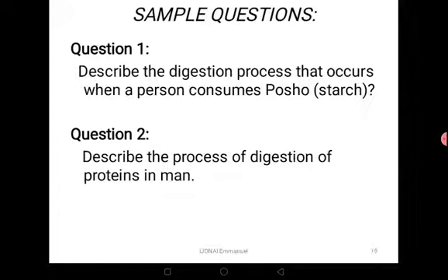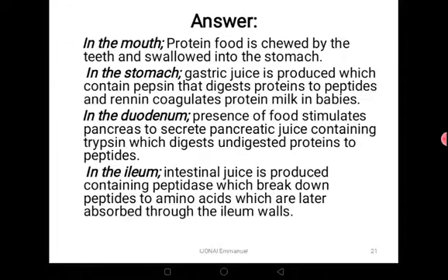And the same applies to other starch-containing food. Then question 2: describe the process of digestion of proteins in man. You also do that question, write that essay and send it to me. I would be interested in seeing how you respond to that question.